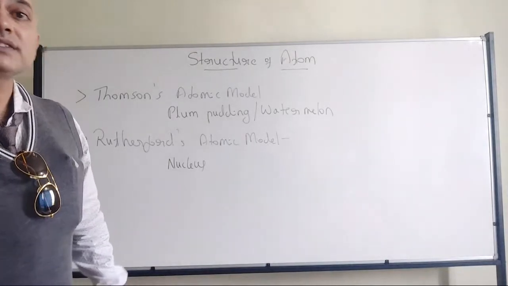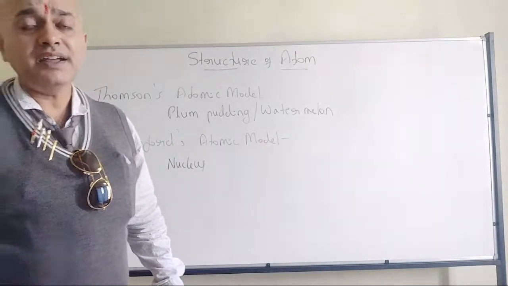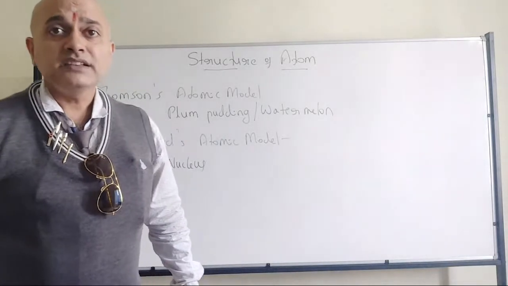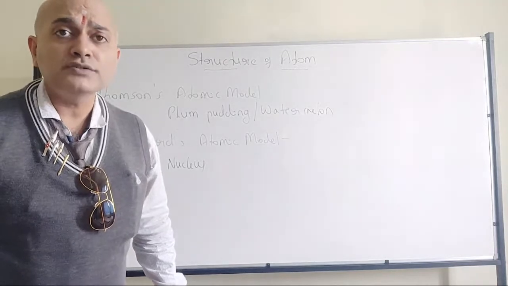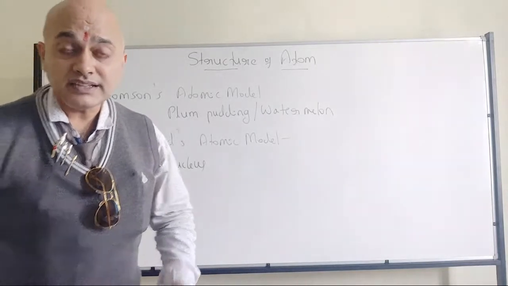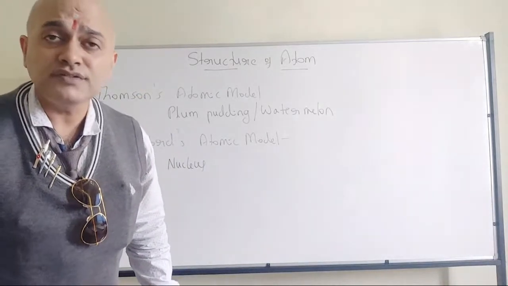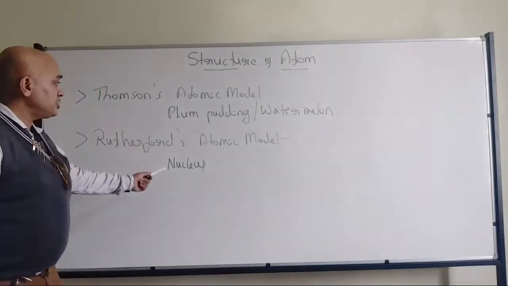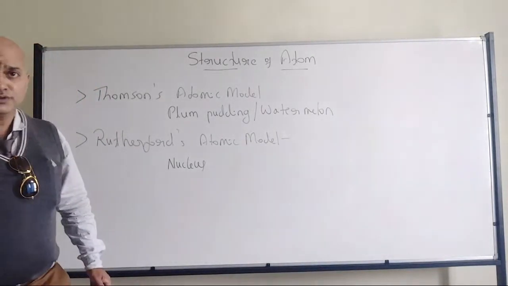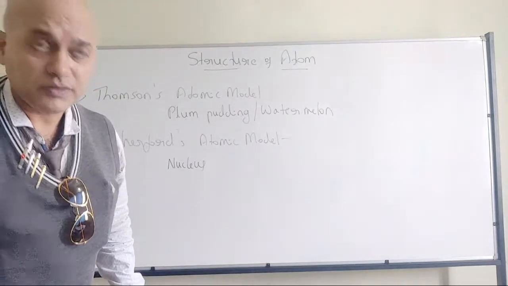Say for example, if I take the whole of Karnataka as our atom, then our Gokulam area or half of Mysore can be the nucleus. That is the comparison between the size of the nucleus and the size of the atom. So it is restricted to a small area called the nucleus, and in the solar system it's like the sun.